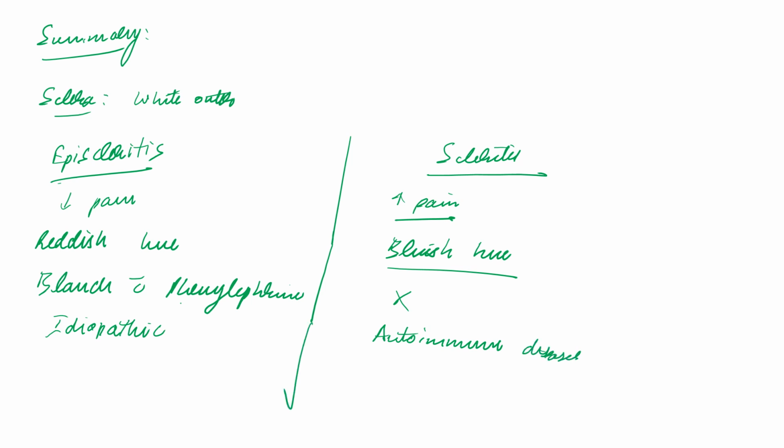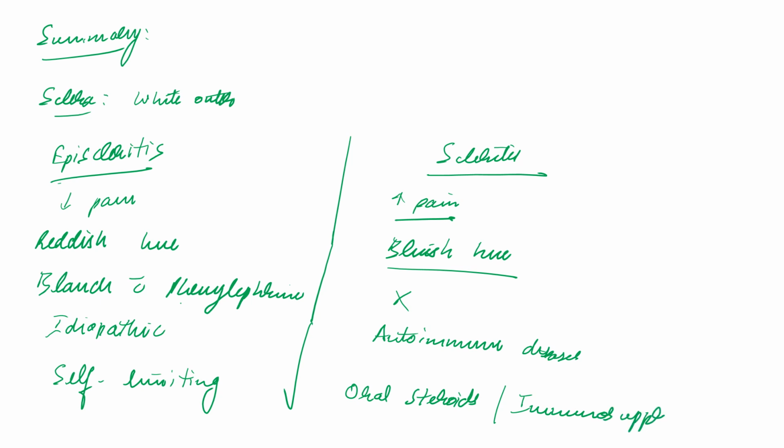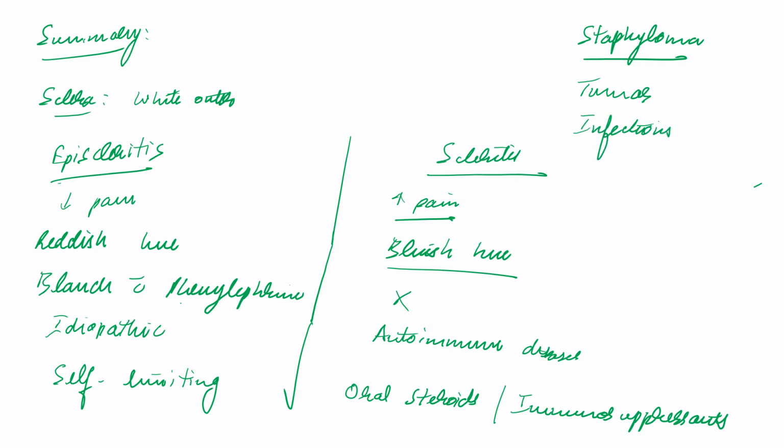Coming to the treatment, episcleritis is usually self-limiting and we can treat with topical mild steroids, whereas in case of scleritis, we usually require oral steroids and immunosuppressants. We also discussed about various types of staphyloma and some miscellaneous tumors and infections of the sclera. Thank you.